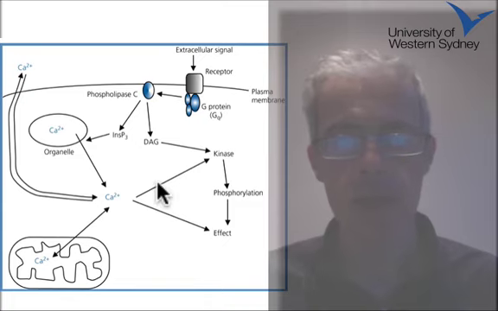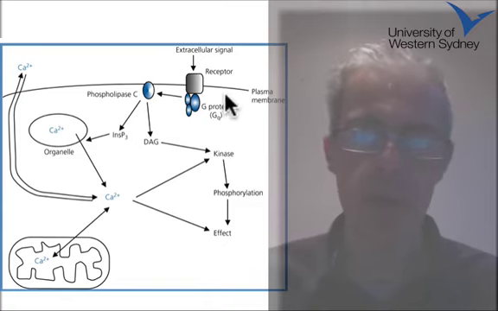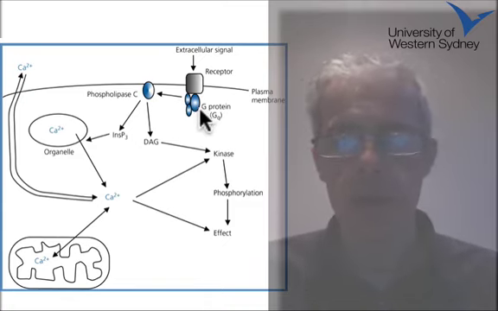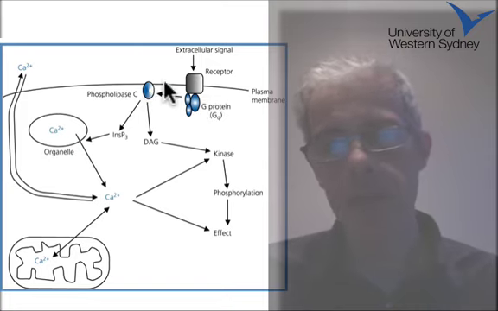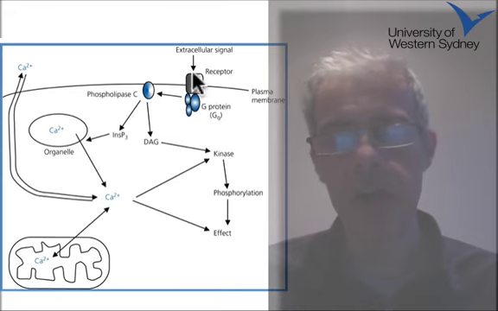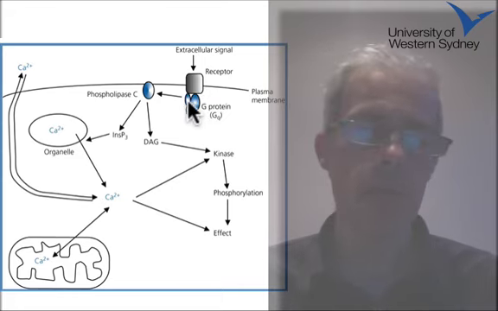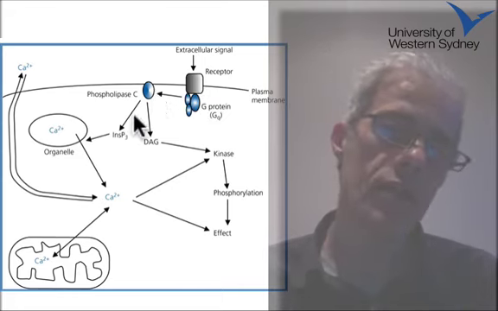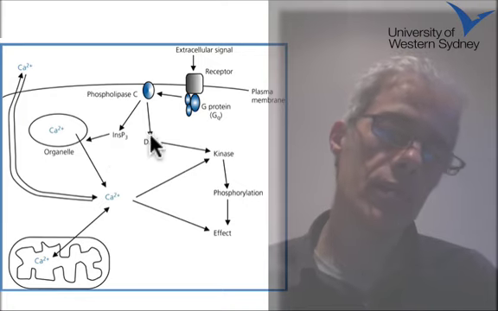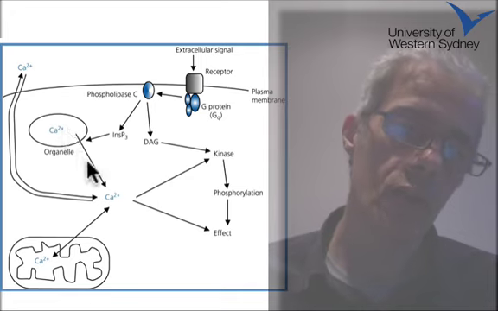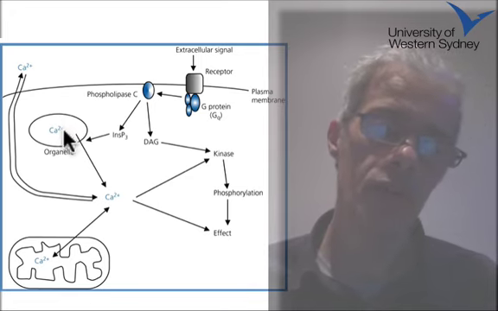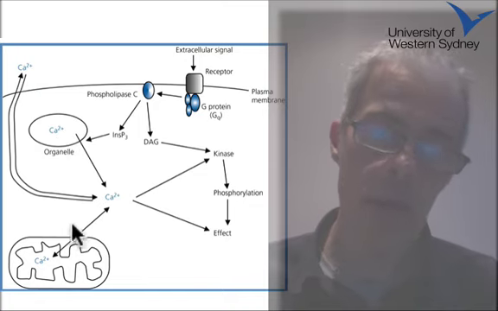And this is just a summary of some of the concepts that are in the textbook. In this case, we have phospholipase C being driven by a G protein coupled receptor to release IP3 and diacylglycerol. The IP3 can control the release of calcium ions from an internal organelle.